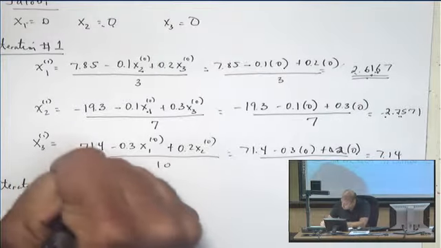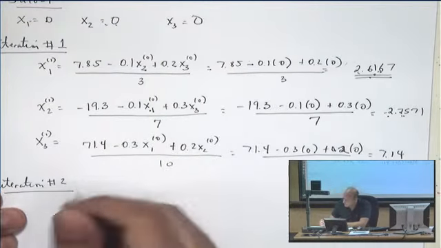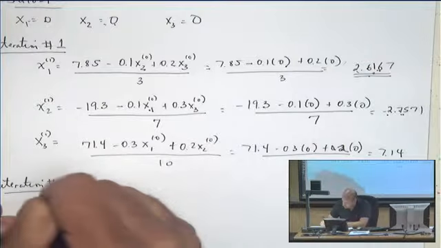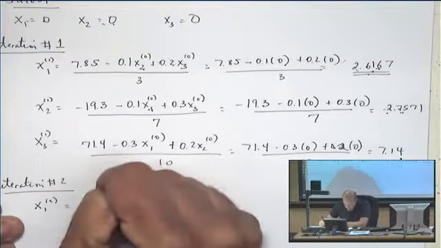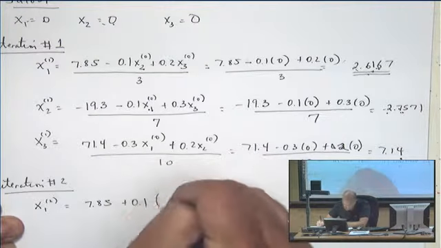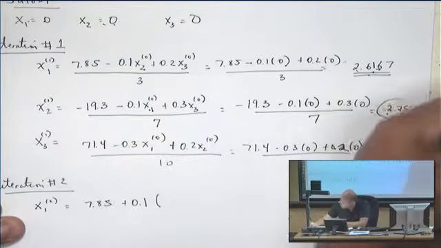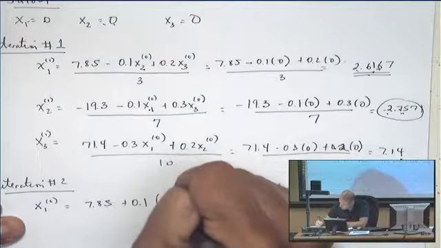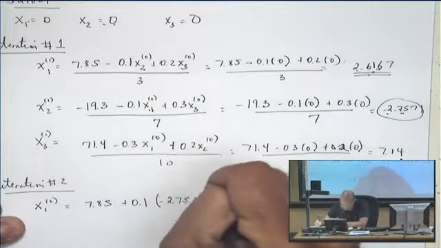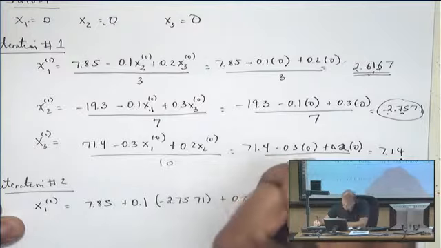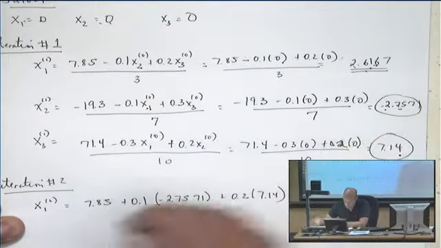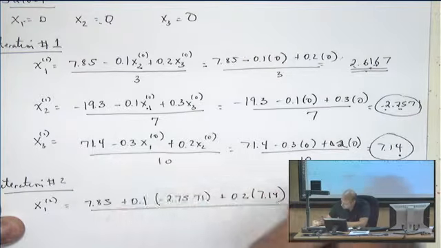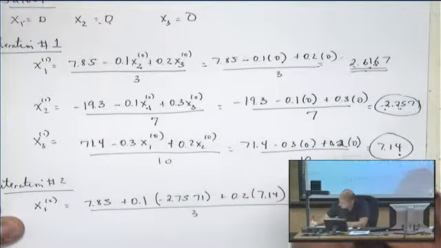Iteration number 2, if I want to get closer to the right answer, then what I do is I say x1 to the second, in the second iteration, is the same deal, plus 0.1. But now I'm going to use x2. I'm going to use this value right there for my x2, my new updated value. And I'm going to use my new x3 right over here. And I get 3.0008.